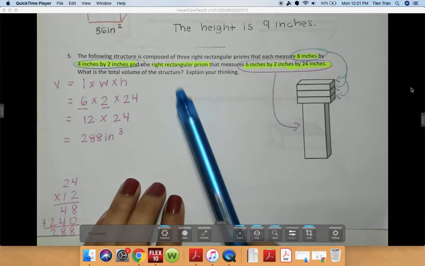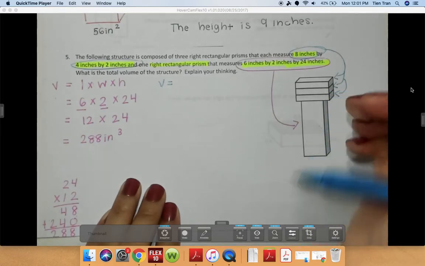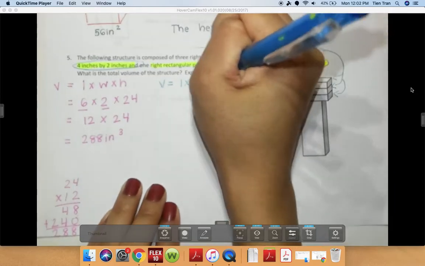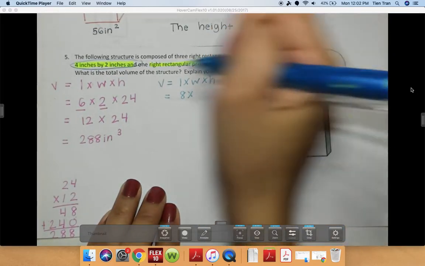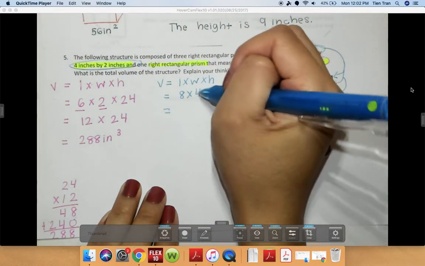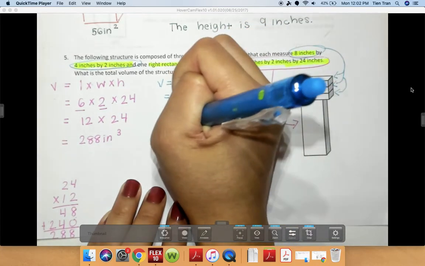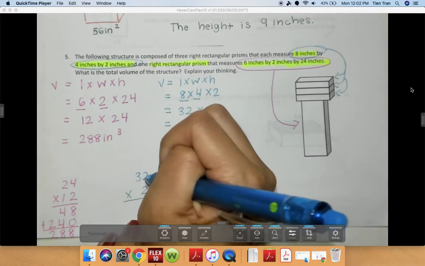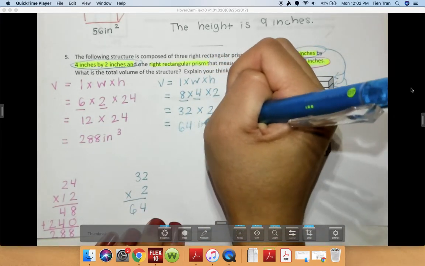So now I'm going to do the next one. These little rectangular prisms right here. So I'm going to multiply length times width times height. Okay, and it says 8 inches times 4 inches times 2 inches. 8 times 4 is equal to 32, and 32 times 2, I'm going to solve right here so you guys can see. 2 times 2 is 4, 2 times 3 is 6, so I get 64 inches cubed.